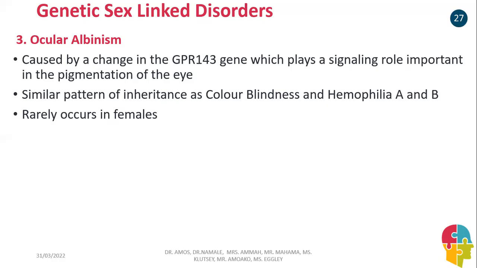Ocular albinism is caused by a gene defect, and this gene is the GPR143 gene, which plays a role in the pigmentation, the coloring of the pupil of your eye. So in people with ocular albinism, the pupil is not pigmented, and it occurs also more in females.